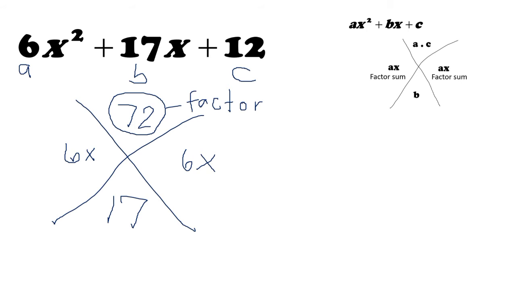The possible factors are, first, 1 times 72. Number 2 is 2 times 36. Number 3 is 3 times 24.